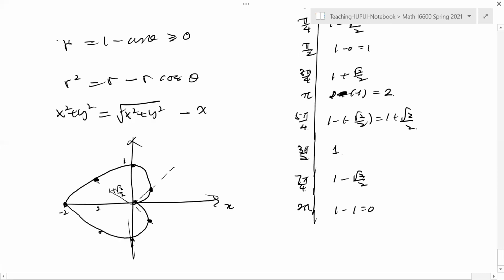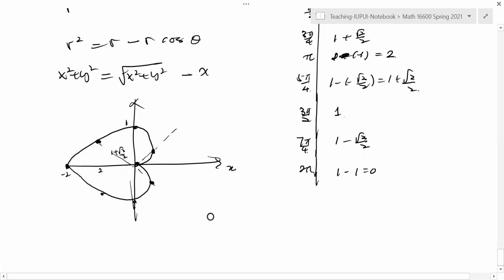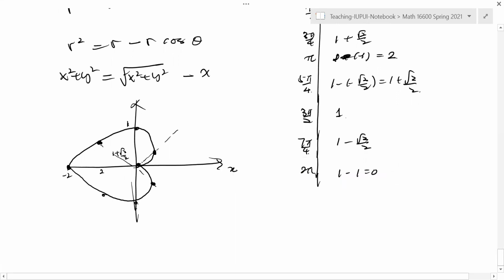So that is the graph of that polar equation. And if your brain can do very quick computation, you just imagine theta increasing, and you can quickly figure out the value of r. Then you plot the point, so you can see the point going.